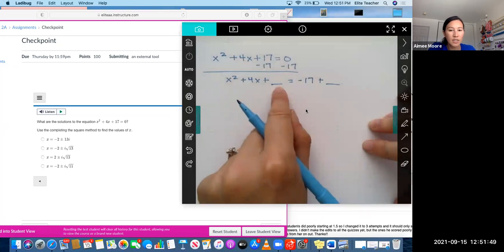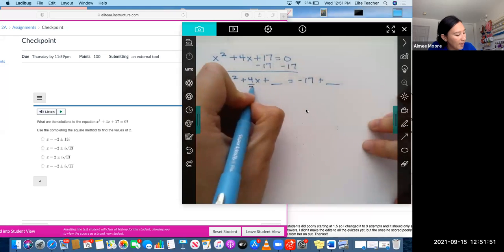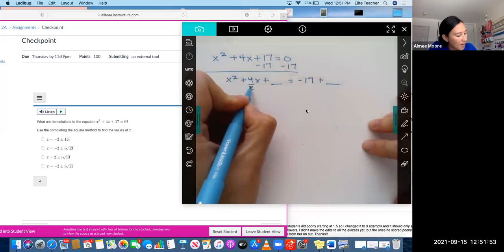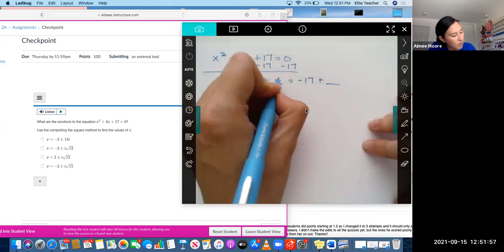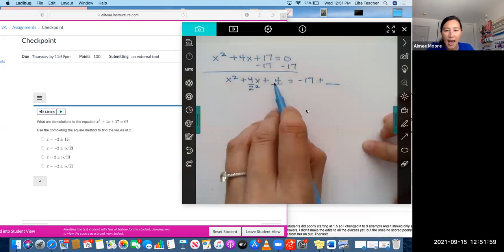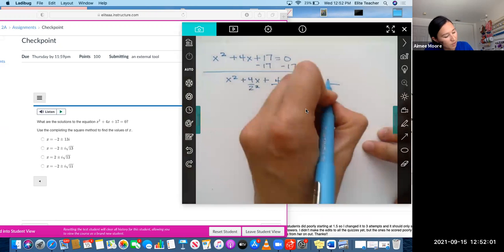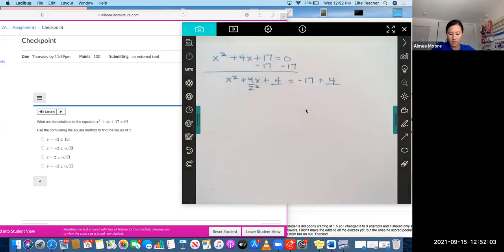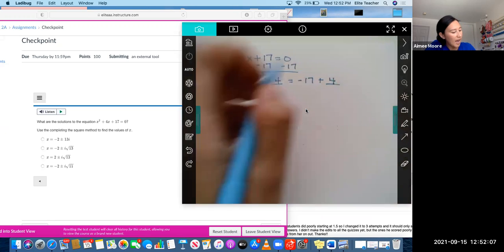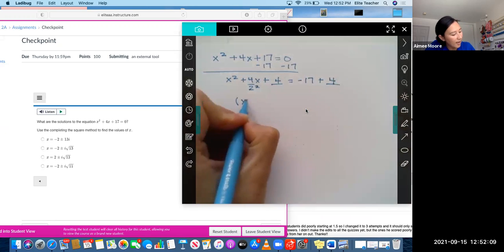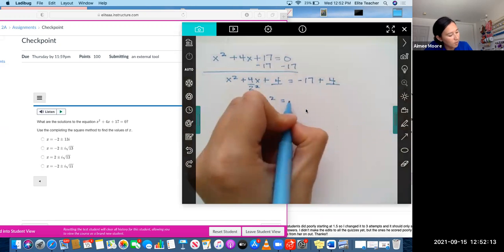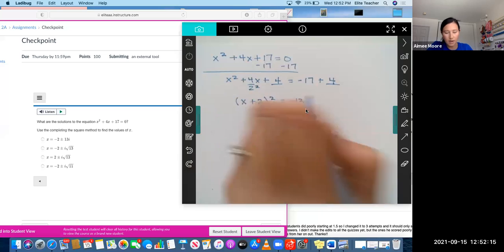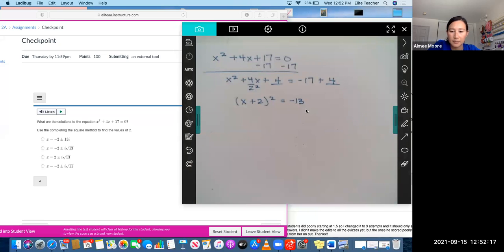And then to find our C term, remember we have to divide the B term, 4 divided by 2, and then square that. So 2 squared, which is 4. If we add 4 to the left side of our equation, we also have to add 4 to the right side. Now our perfect square here is x plus 2 squared equals -17 plus 4, which is -13.